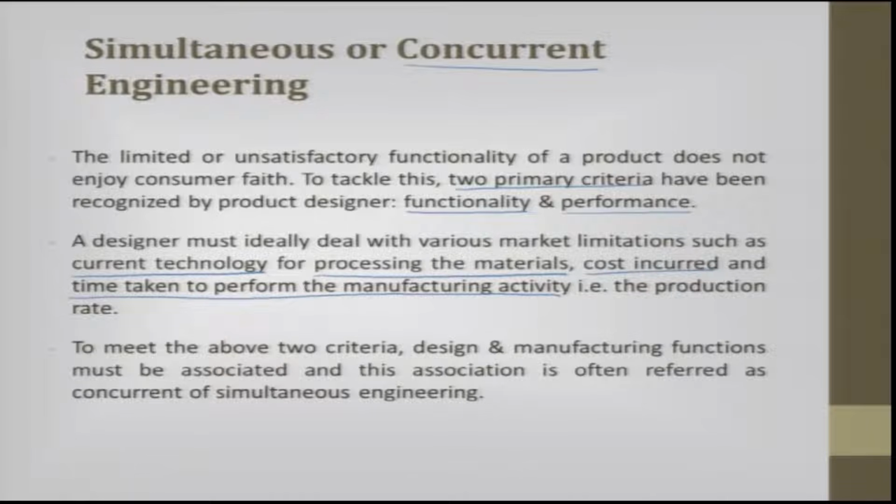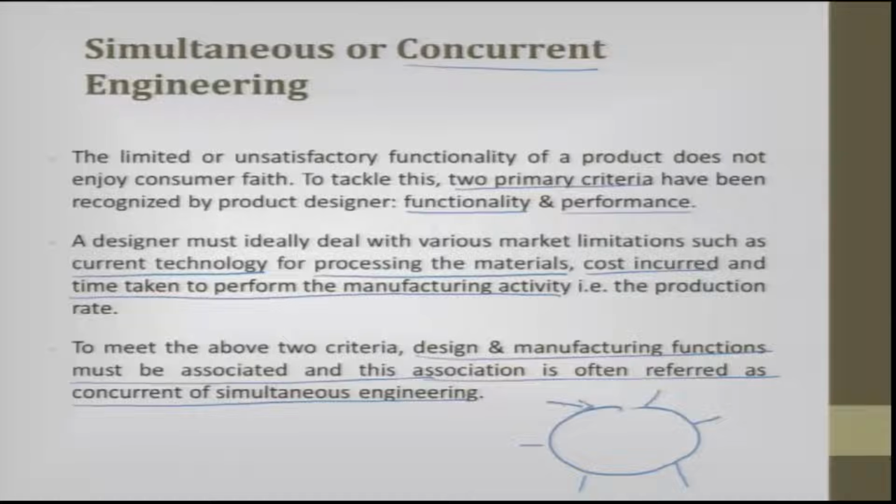To meet the above two criteria, the design and manufacturer functions must be associated, and this association is often referred to as concurrent or simultaneous engineering. So, that means to say you have a team, in this team you have so many members who participate when a product is getting developed.